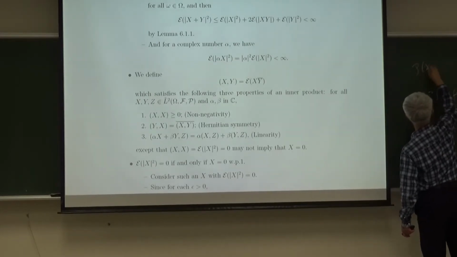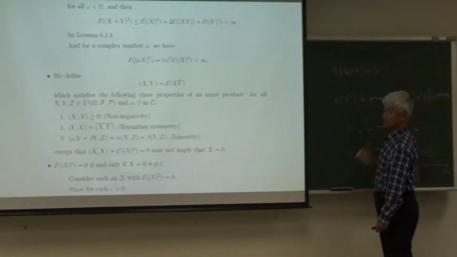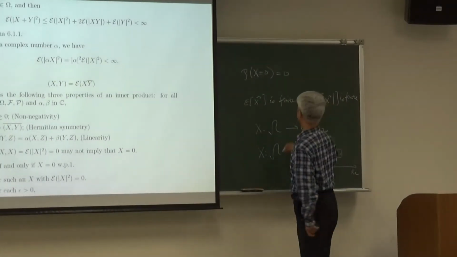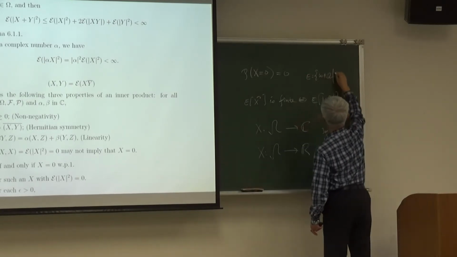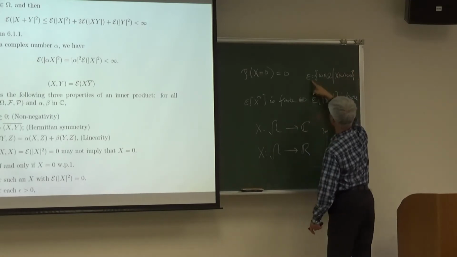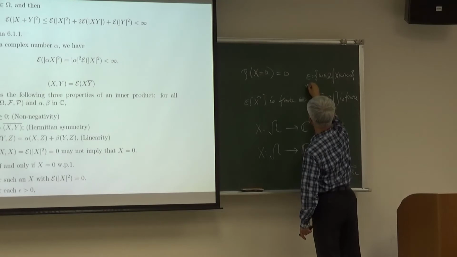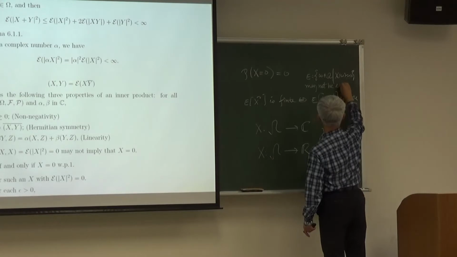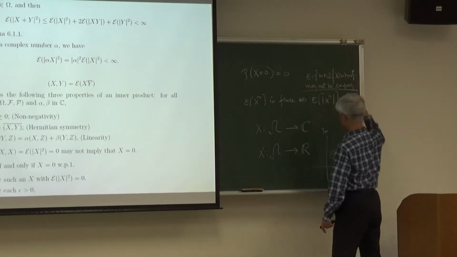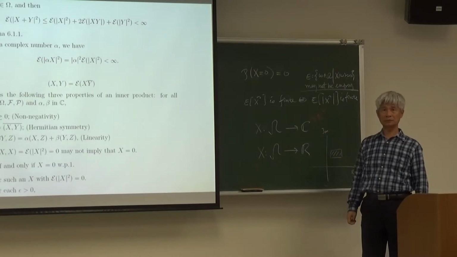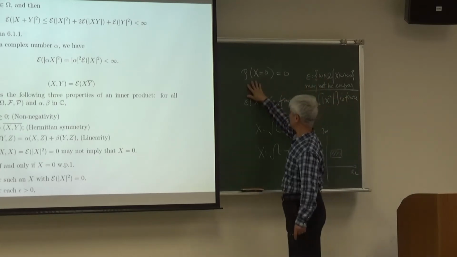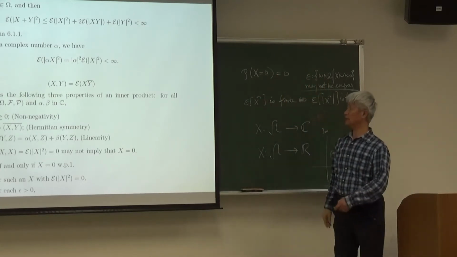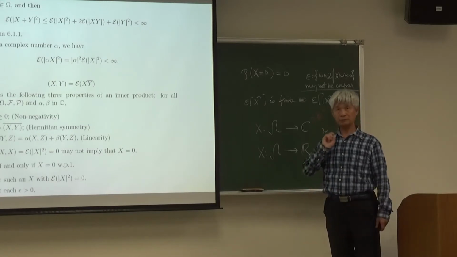The probability of x not equal to 0 is 0 only, but this event may not be empty. Even though this event is not the empty event, the probability is still 0. Then we say that x is equal to 0 with probability 1.